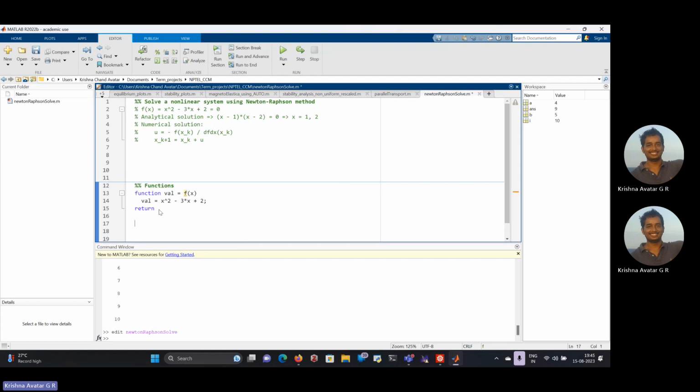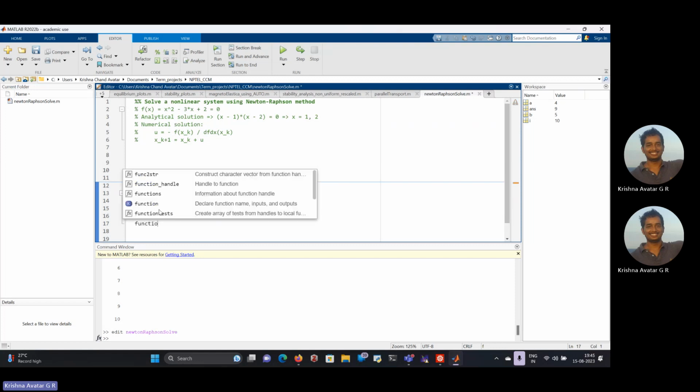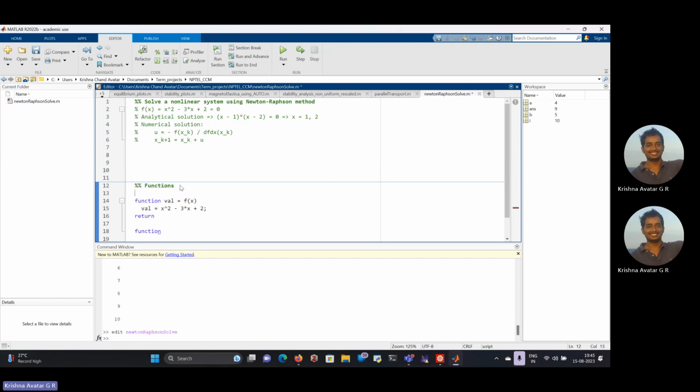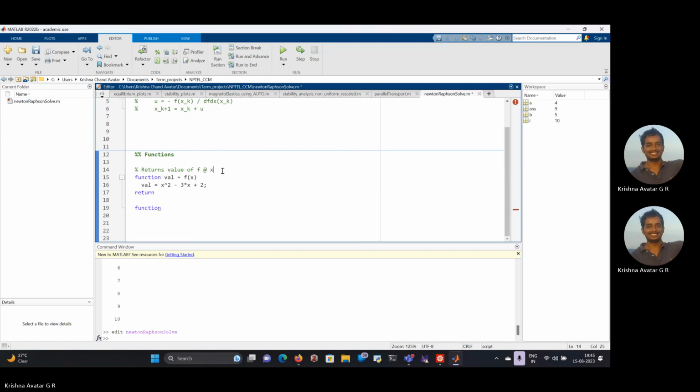And the second function that we'll do returns the value of f at x. And the second thing it will also return is df/dx at x.